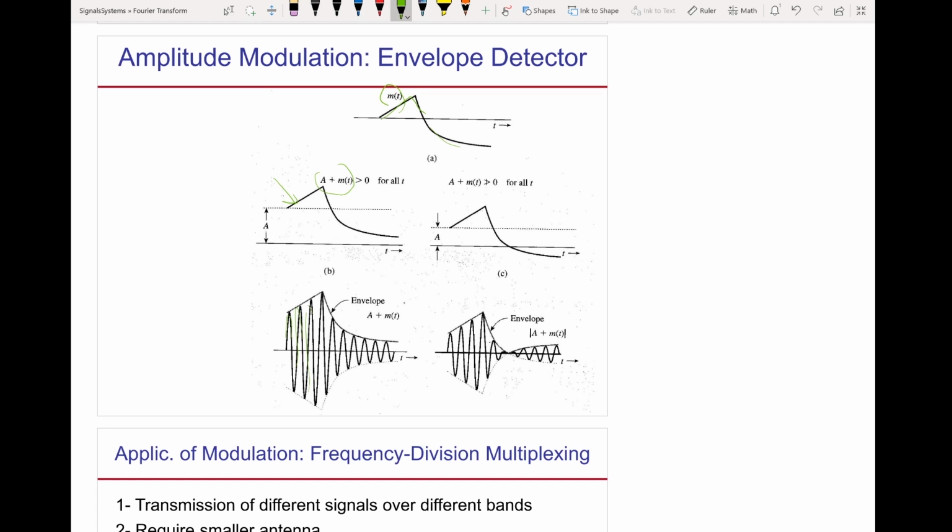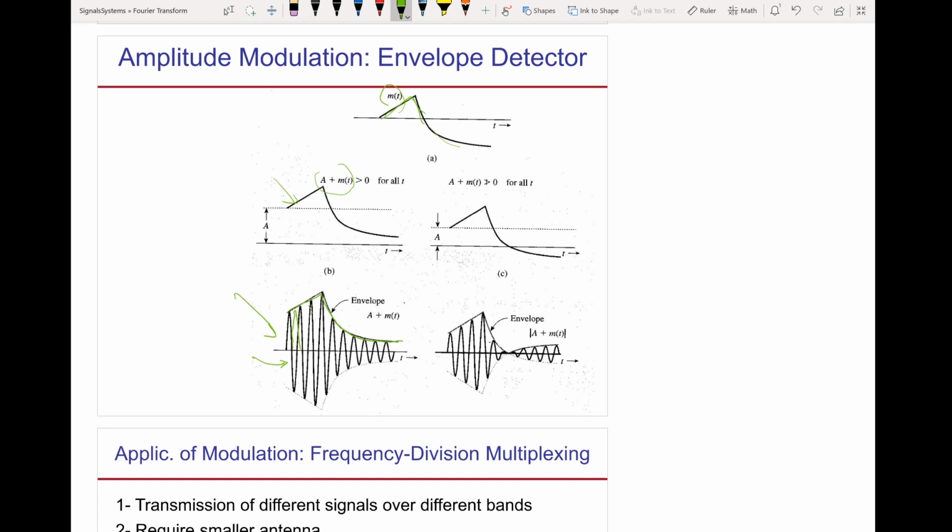Now your message signal, this one, is hidden in the envelope. So when you transmit this signal at the receiver, all you need is a full wave rectifier. You don't even need to know what's the carrier. All you need is you take this black signal and you do a full wave rectifier.